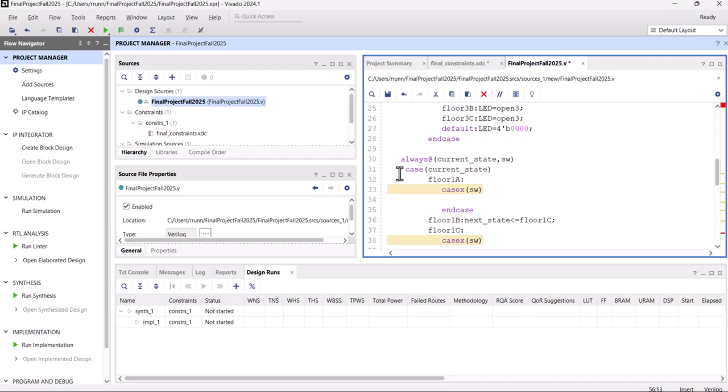So the way we do that here is we do 4B X 0, 0, 0 colon next state is floor 1A.